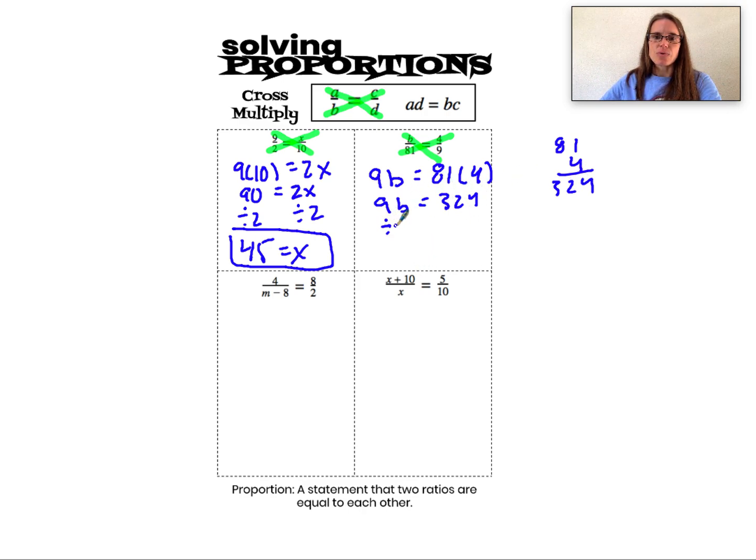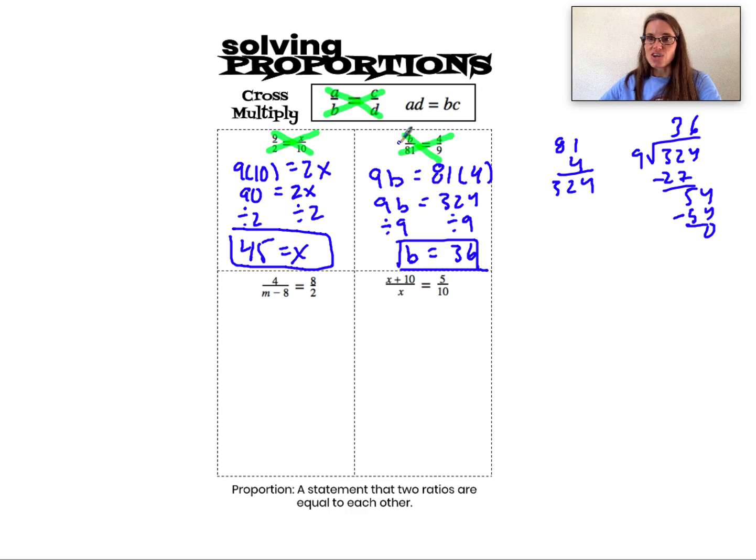And then I need to divide both sides of my equation by 9. And yet again, another unfun computation. 324 divided by 9 is 36. This is not the best example ever, guys. Sorry.